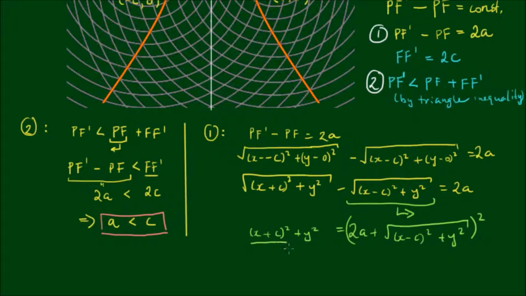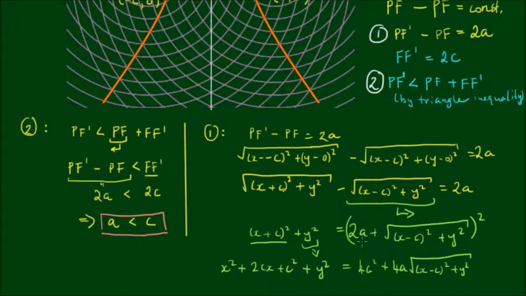This term here in the parentheses can be expanded out. So we can write this as x squared plus 2cx plus c squared plus y squared, so the y squared gets copied down, is equal to, now if I square the right hand side, I will get 4a squared plus 4a times the square root of x minus c squared plus y squared.